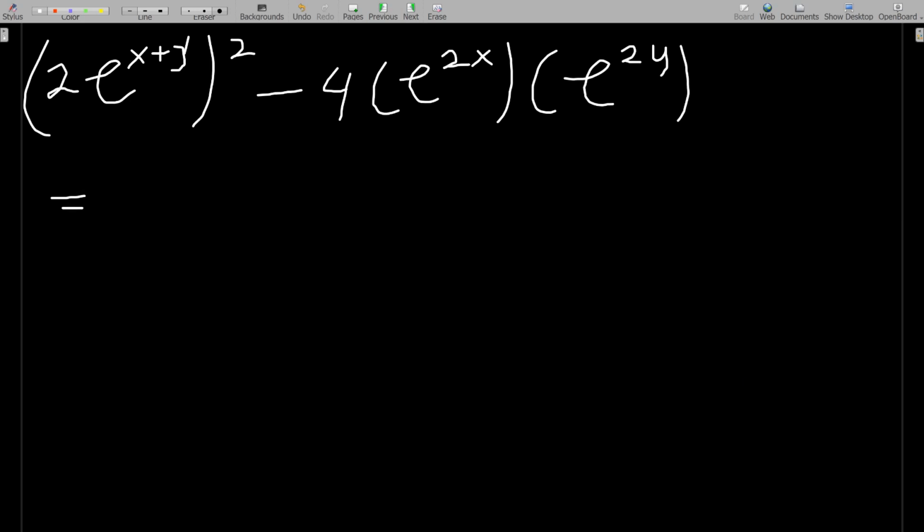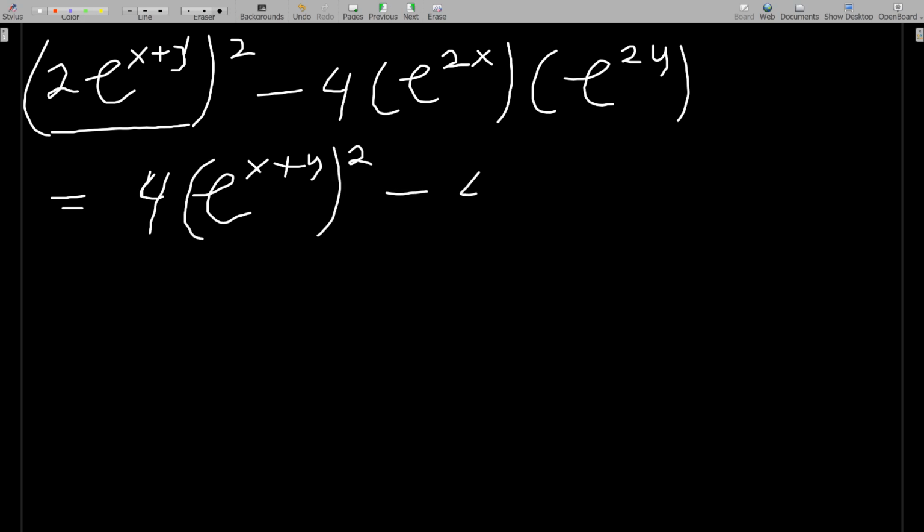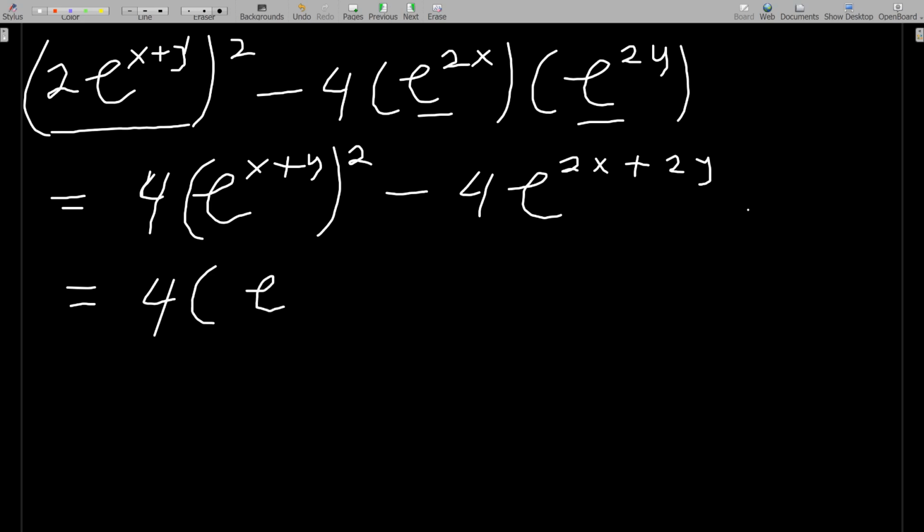Now let's simplify this expression. When I square this term, it is 2 squared, which is 4, then e to the x plus y squared, and minus 4 times, since they have the same base, 2x plus 2y. Continuing, 4 e to the x plus y all squared is the same as e to the x plus y multiplying itself.